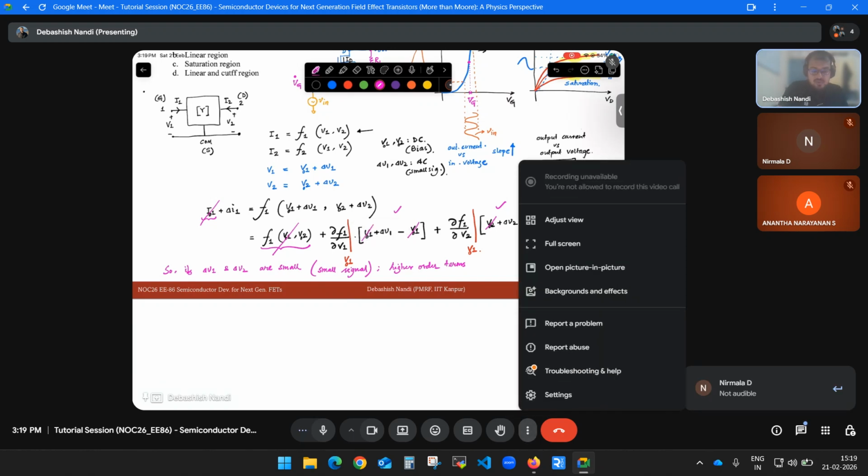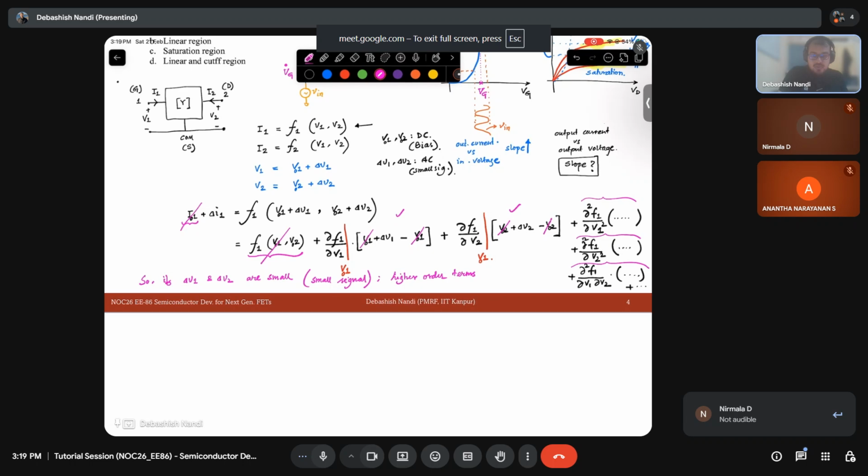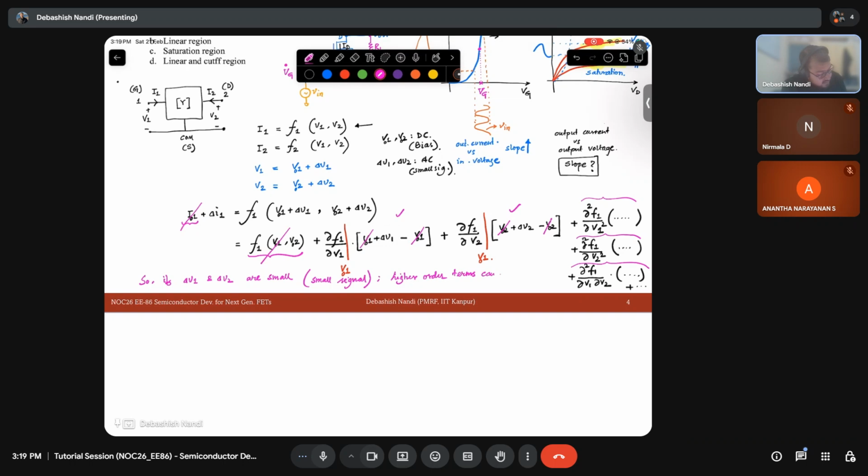So what I was talking about is that these higher order terms can be ignored, right? Then what you are left with is delta I1 equal to dF1/dV1 computed at your DC point times delta V1, plus dF1/dV2 computed at the DC point times delta V2.